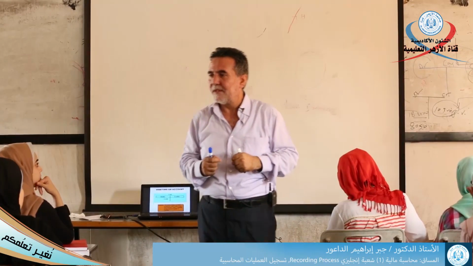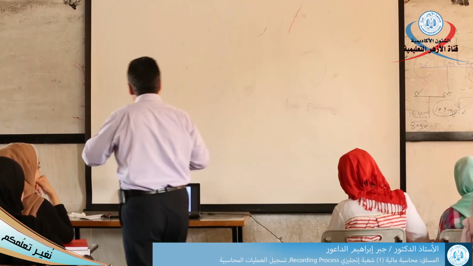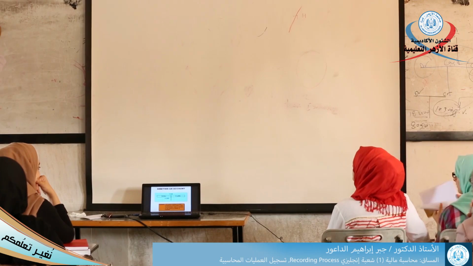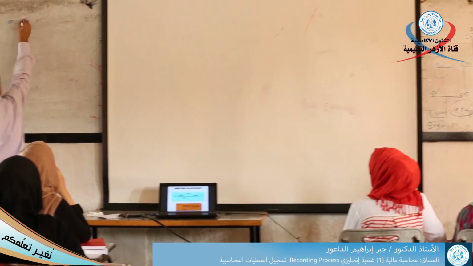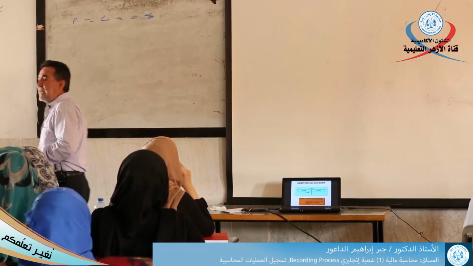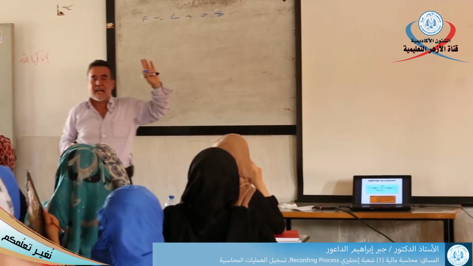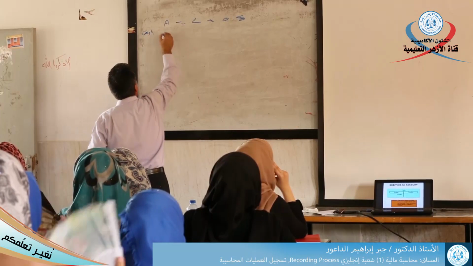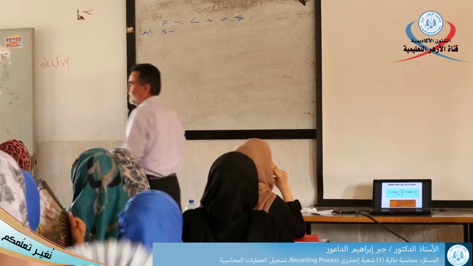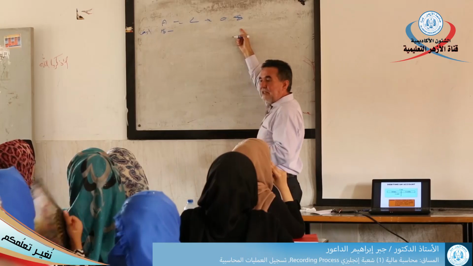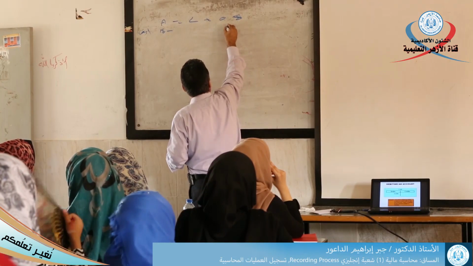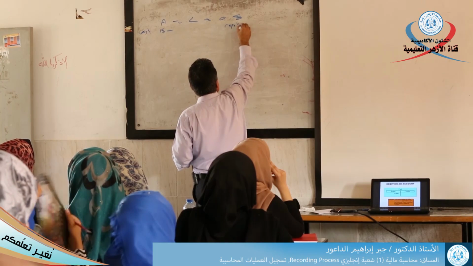So, in the accounting equation, assets equal liabilities plus owner's equity. So this amount will increase the cash. Here, cash will increase by $15,000, whereas the owner's equity, capital, will also increase by $15,000.